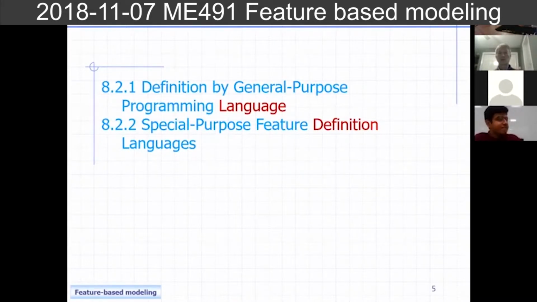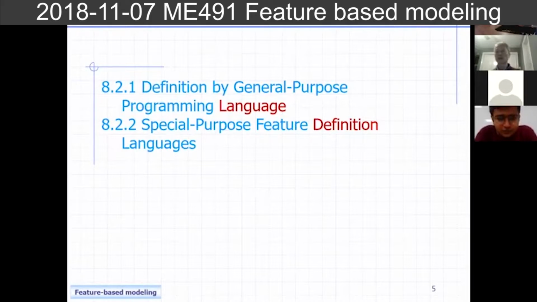If you use a commercial CAD system, usually they provide such special purpose languages only for their CAD system. But nowadays, they are also based on a general purpose language, something like Python.